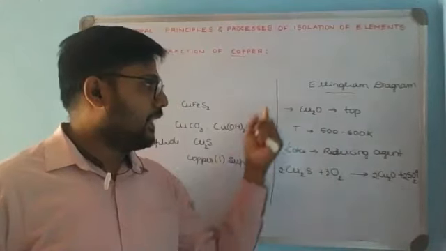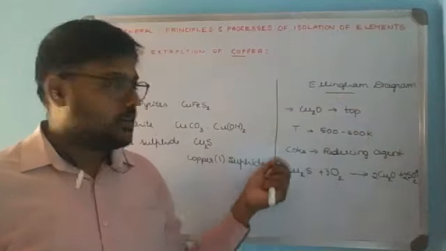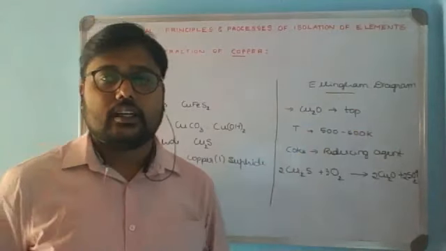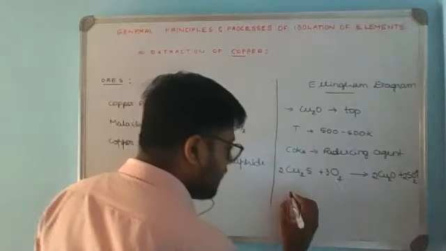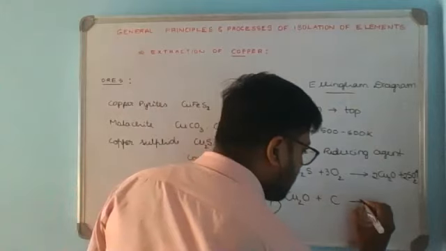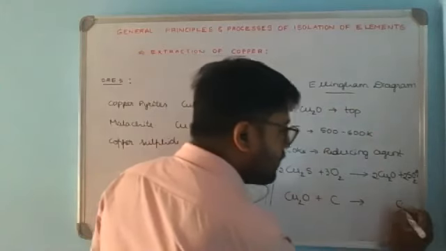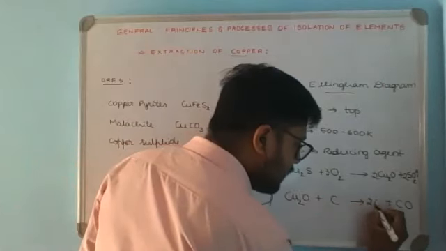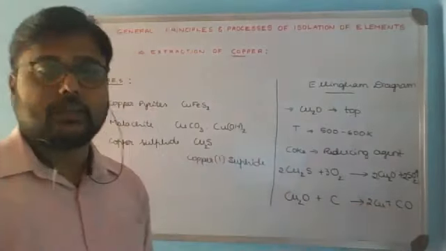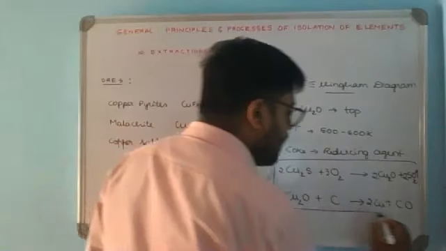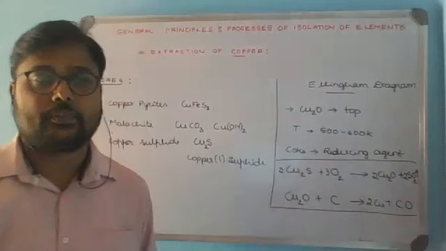Now we can recall the Ellingham diagram principles. At the temperature range of 500 to 600 Kelvin, coke is a suitable reducing agent. Coke gets oxidized to carbon monoxide by reducing the copper, so thereby reduction of copper can be considered. This is how reduction is carried out with the Ellingham diagram.